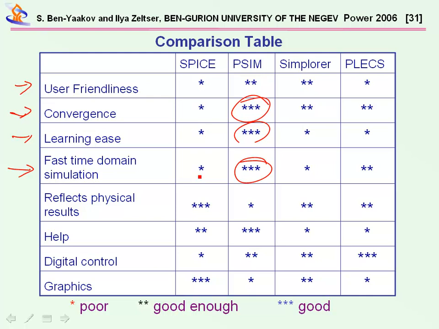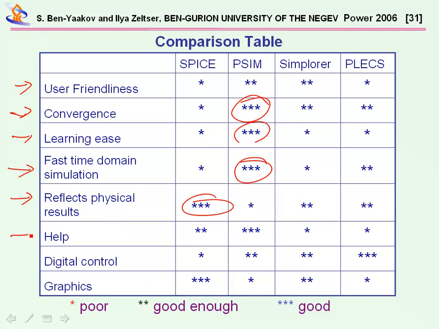For physical models of transistors and other elements, PSPICE is of course the best because we have a very rich library with many components, and we can use extensive libraries from many vendors of transistors, diodes, and other elements, amplifiers, etc.